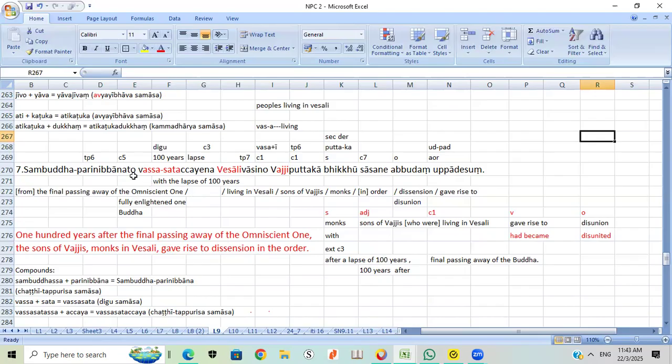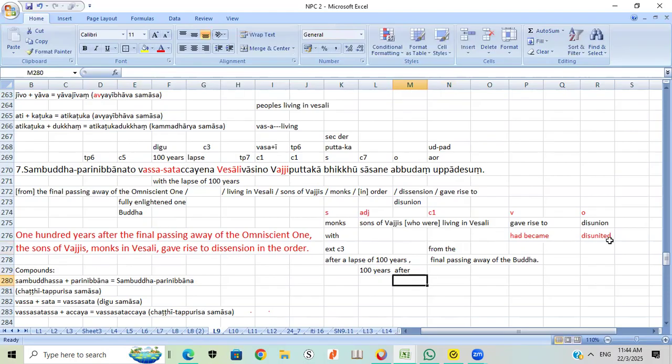And then this one is also ablative, another extension. So "from", no need to put "lah". From the final passing away of the Buddha. So I shorten this.